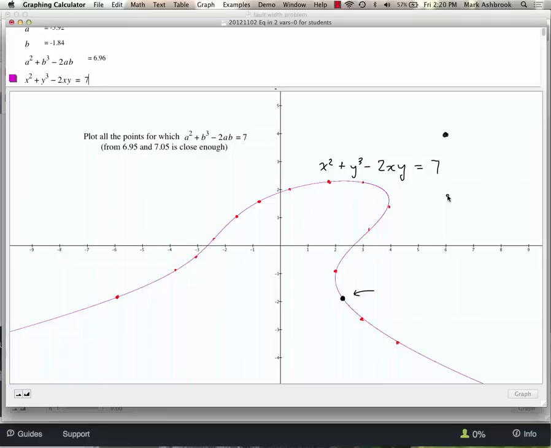It's every point whose coordinates x and y make that thing true. If the point's on the curve, that equation is satisfied. If the point is off the curve, that equation won't be satisfied. So when you see a curve, you're seeing every point whose coordinates make that thing true. And that's where we'll pick it up Monday.